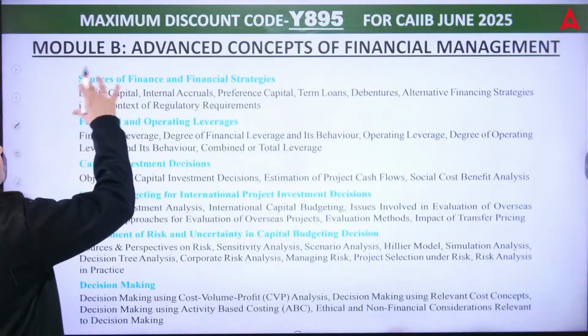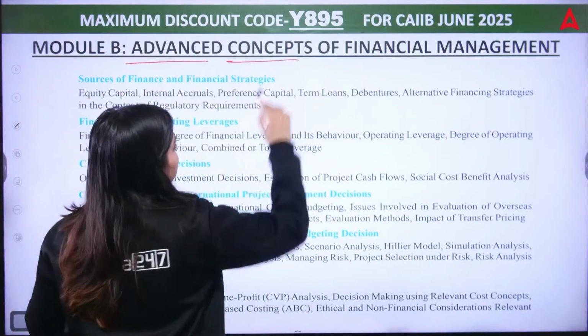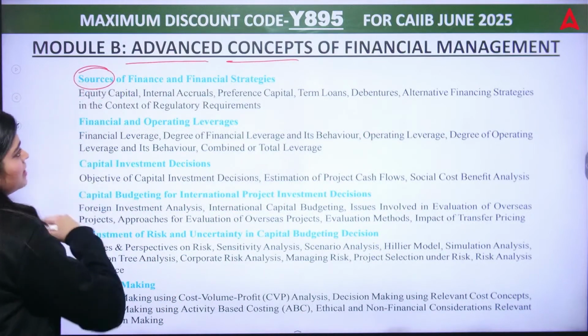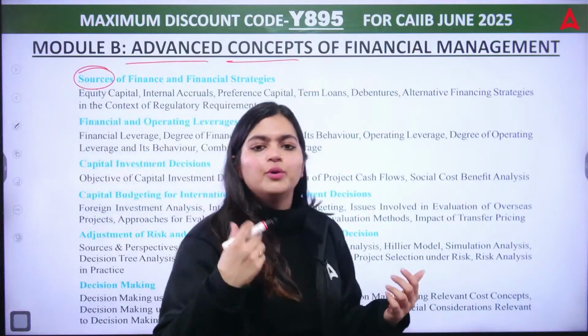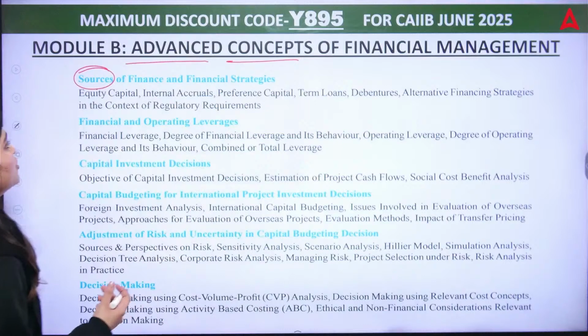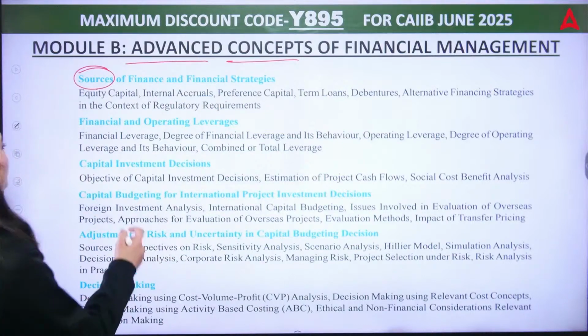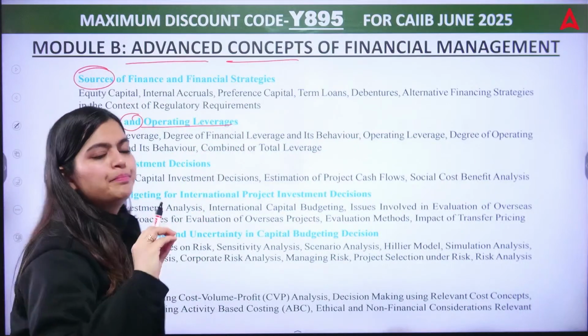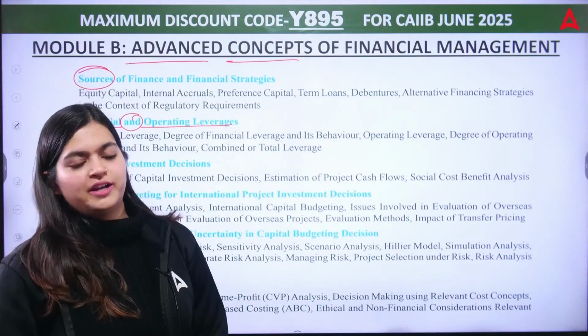Your module B talks about the advanced concepts of financial management. Basically, they start with the sources of finance: what the different sources are and how you can generate funds for your business. After this, they focus on financial and operating leverage. Pure numericals.